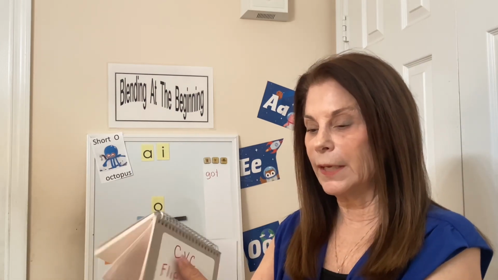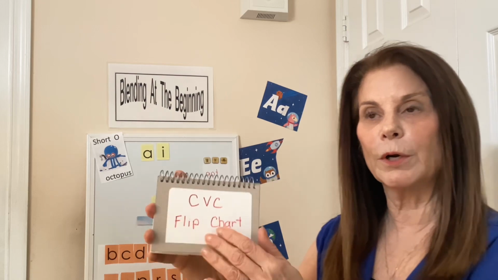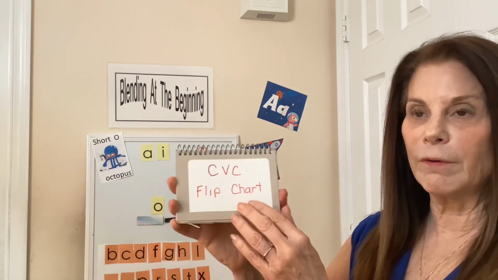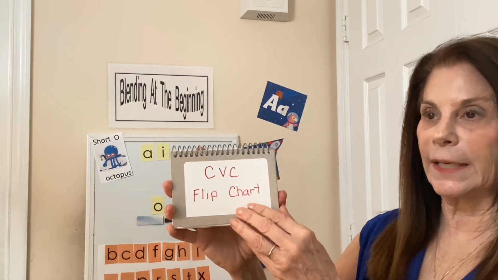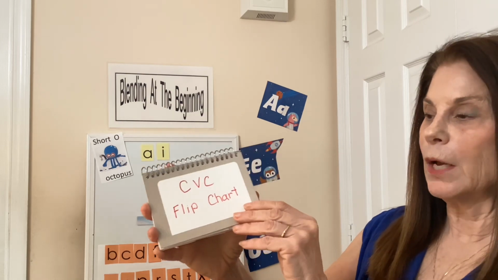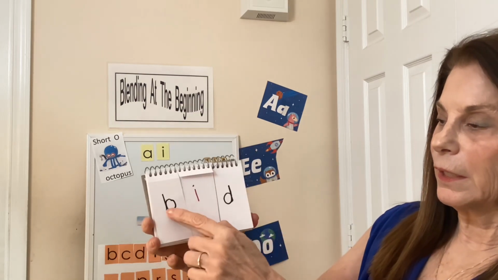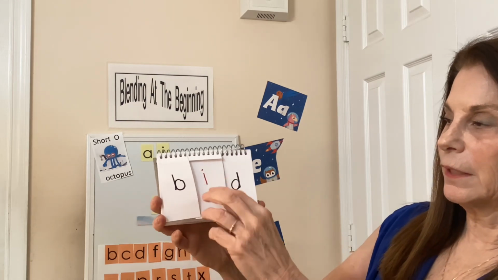All right, this book is called a flip book, and I just made it, and if you go back to one of my earlier videos, I have other learning activities I made to help reinforce, one of which is this flip book, and basically you just have consonant, consonant, and then a vowel.